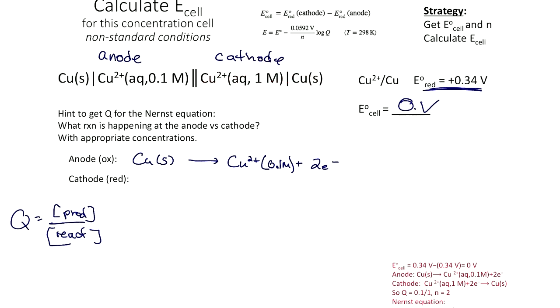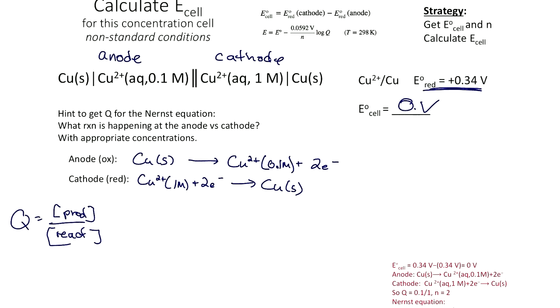The reduction reaction actually involves copper 2 plus being reduced. It's gaining 2 electrons and becoming copper solid. And the copper 2 plus in the cathode, I tell you, is 1 molarity. So those are my 2 half reactions, and this will help you determine what number goes on the top and what number goes on the bottom in my Q expression.